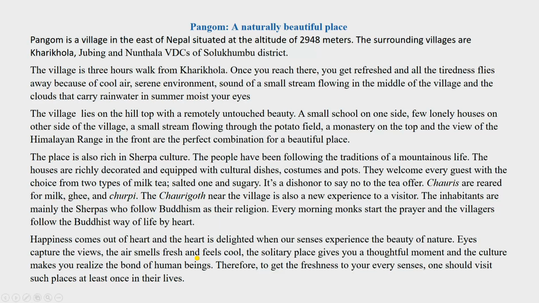The air smells fresh and feels cool. The solitary place gives you a thoughtful moment, and the culture makes you realize the bond of human beings. Therefore, to get freshness to your every senses, one should visit such places at least once in their lives.